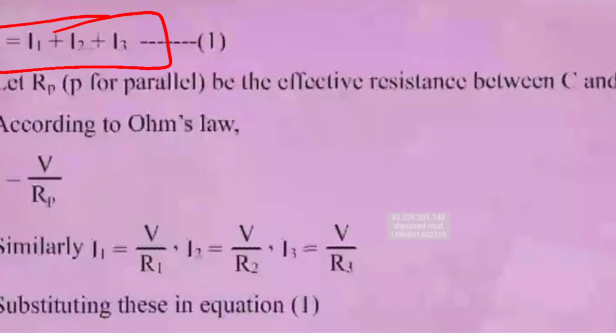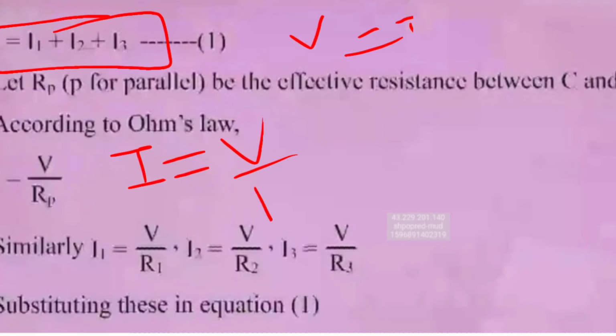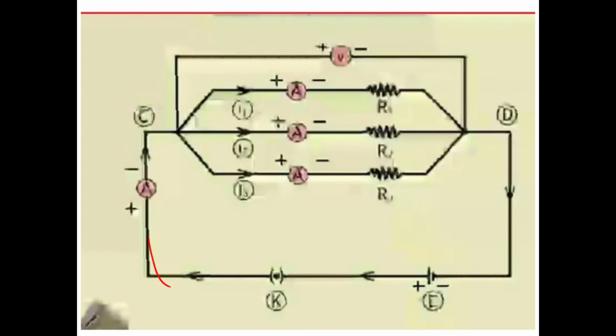Let us find out the value. What will be I? We have the formula V is equal to IR, right? So I will be equal to V upon R. Now it is the total final one, so I will have Rp. Here it will be V upon Rp.